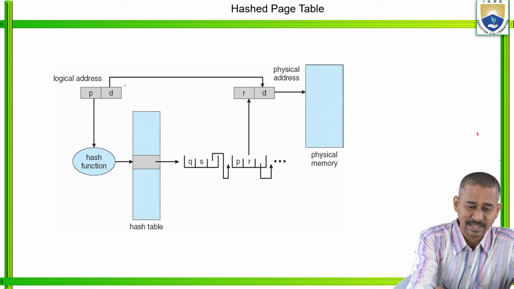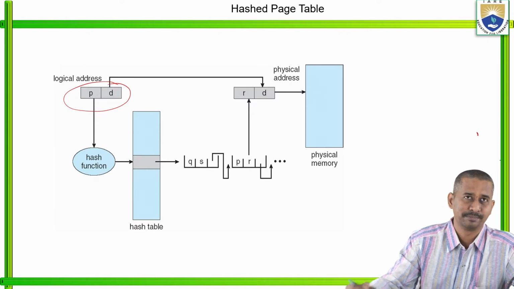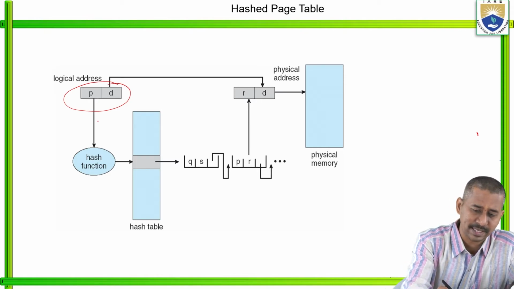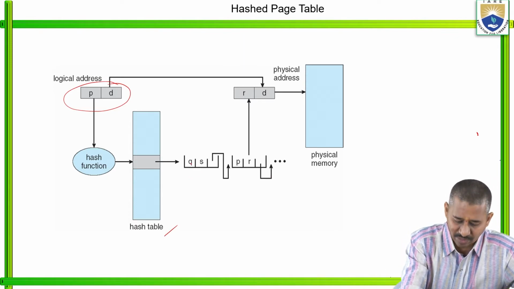See, this is the logical address. The logical address is divided into a page number and a page offset. This page number acts as input to the hash function. Now this is the hash table, a chain of elements.